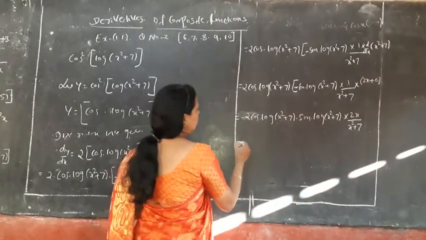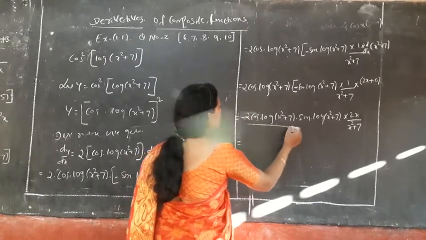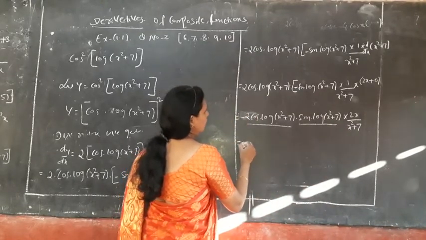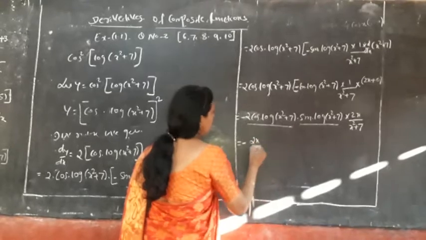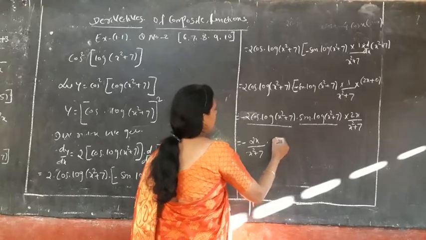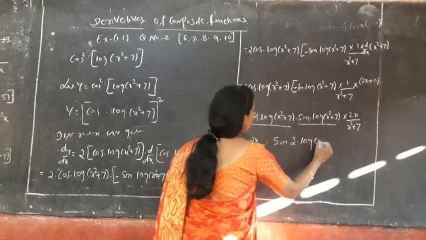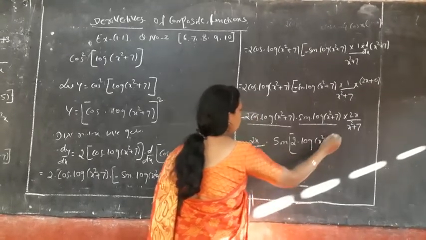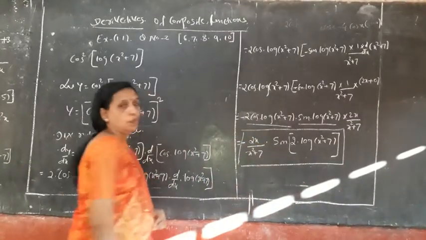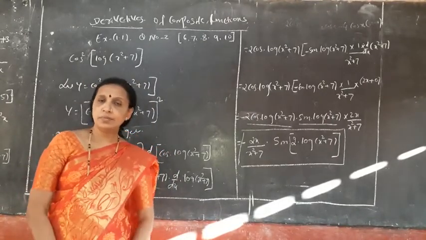We can write this, first write 2x upon x square plus 7 into sin of 2 log of x square plus 7. This is the answer for the last example. Okay, goodbye. We will see the next examples in the next video.